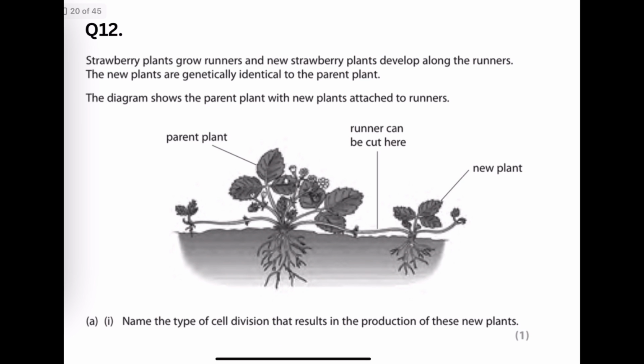Question 12. Strawberry plants grow runners, and new strawberry plants develop along the runners. So the new plants are genetically identical to the parent plant. This already tells us that this is asexual reproduction, which is through mitosis.